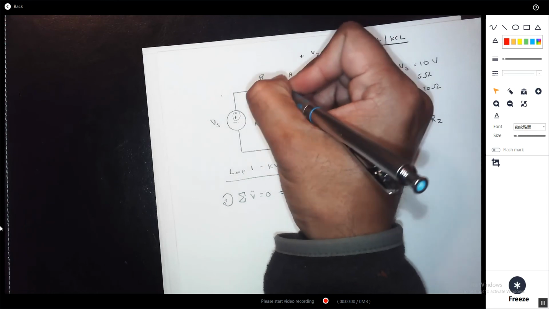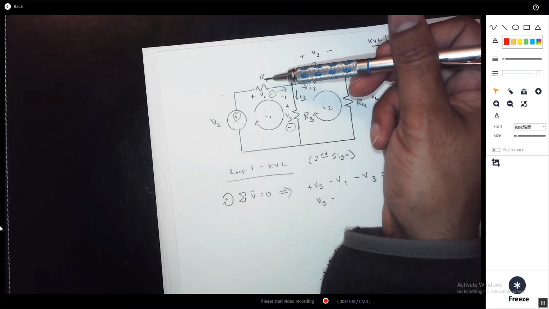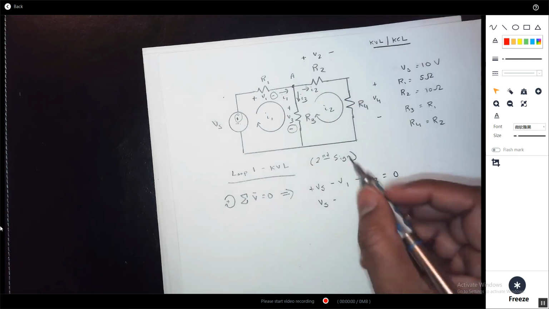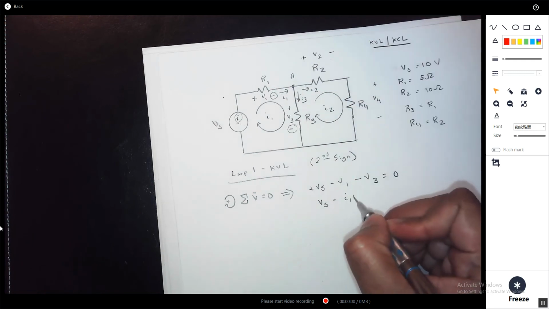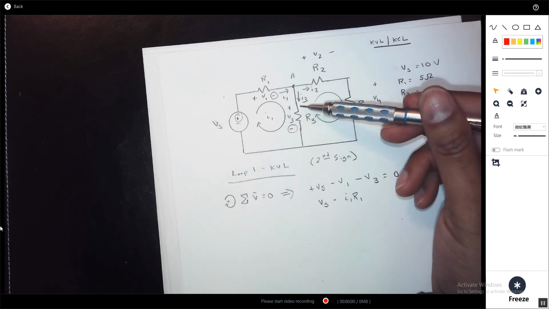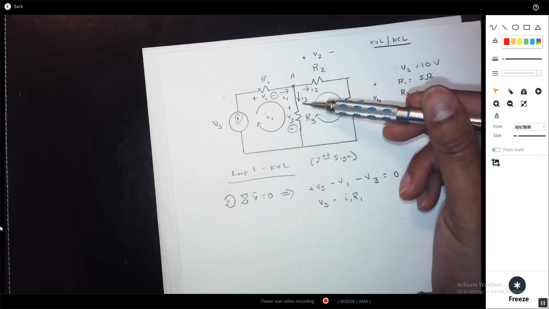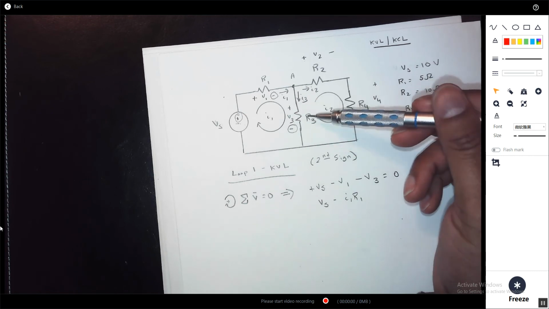I1 runs over here. Okay, right here. I1 and R1 are here. So this resistor has I1, R1. This resistor here, the voltage across this resistor here is I3, R3.